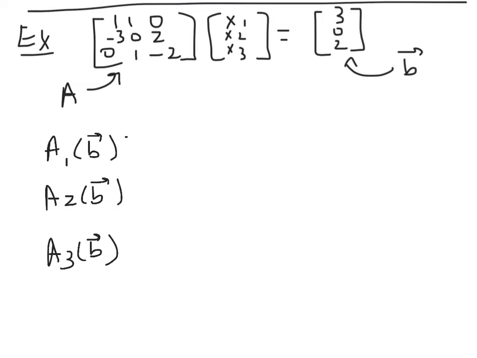Okay, now that you've had that opportunity, you can pretty easily see that these are the matrices that you obtain by replacing one of the columns of A by the vector b.